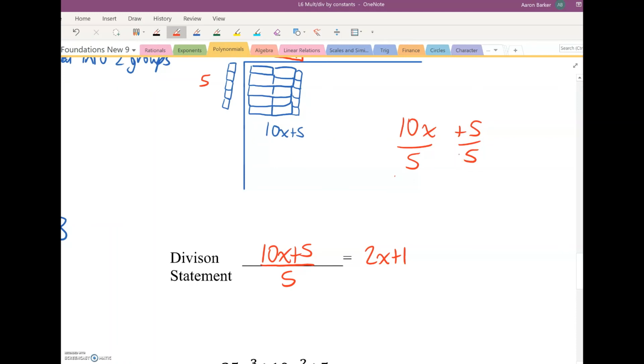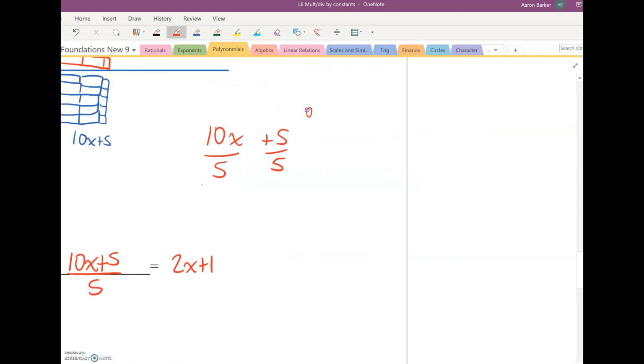So both parts are divided into groups of 5. Okay.